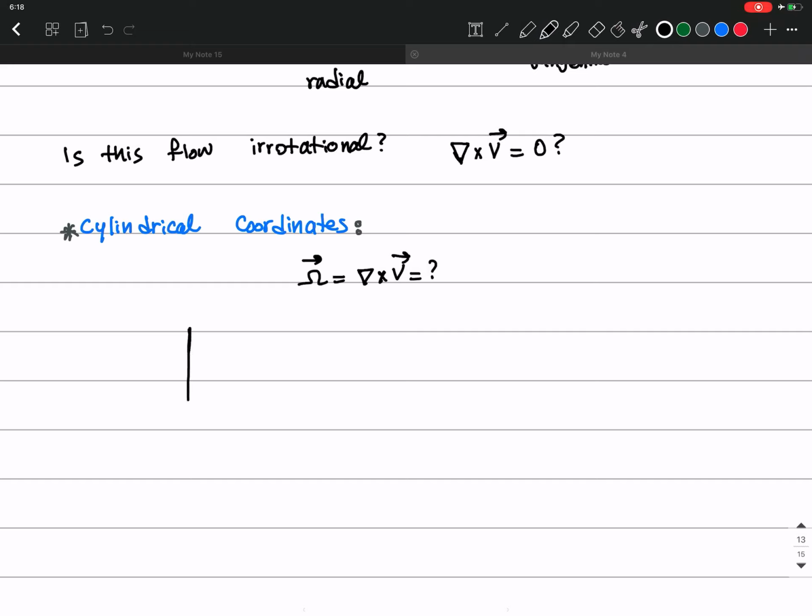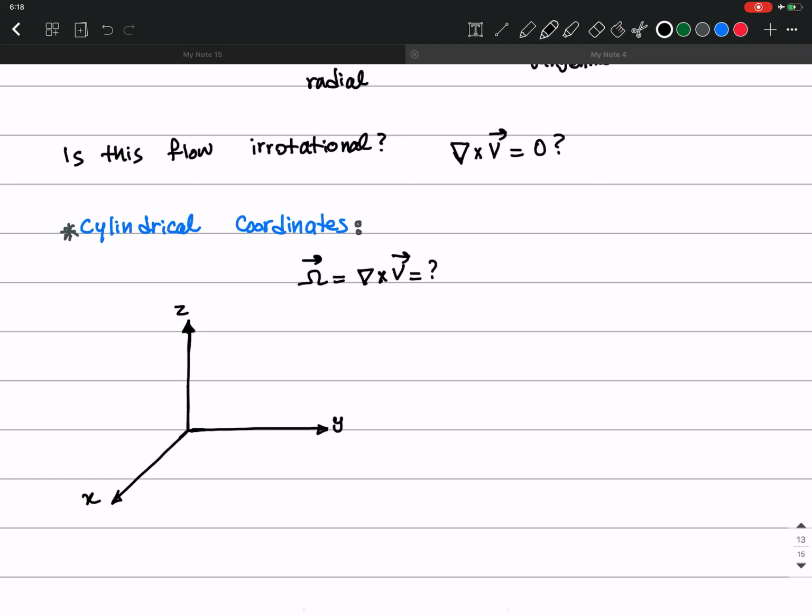We can define it as follows. This is the typical Cartesian coordinate system: x, y, z. Now I want to define a cylindrical coordinate.